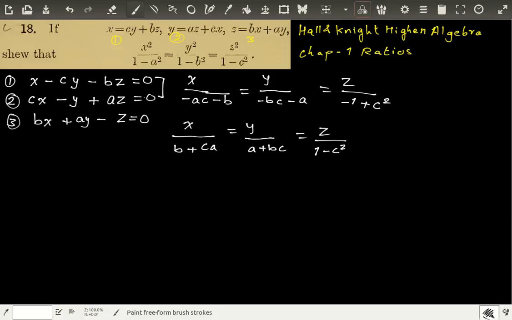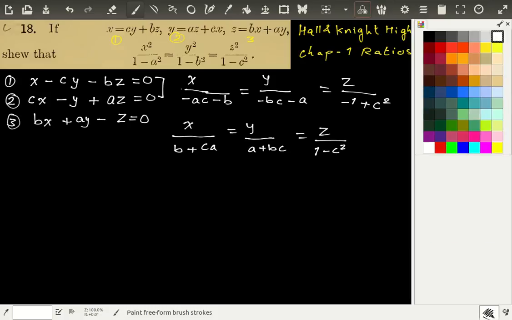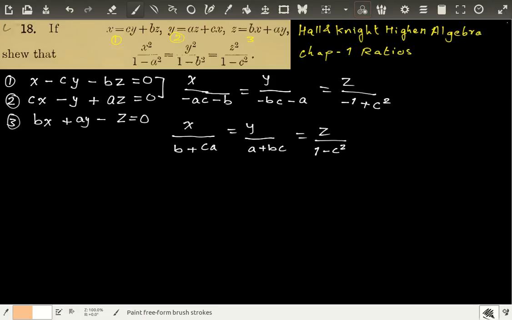Now let us consider equation number 2 and equation number 3. So now we will consider a different set of equations. So what will we get from 2 and 3?